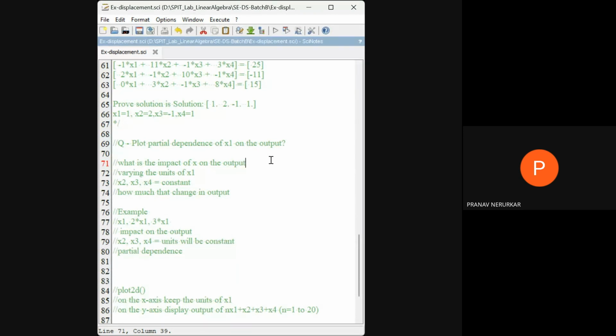We just did X1 plus X2 plus X3 plus X4, only that equation, for plotting the function. These are the equations which you reference.